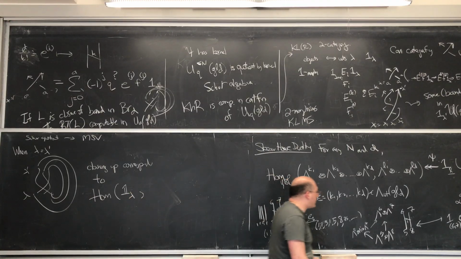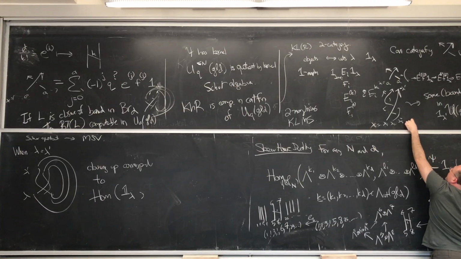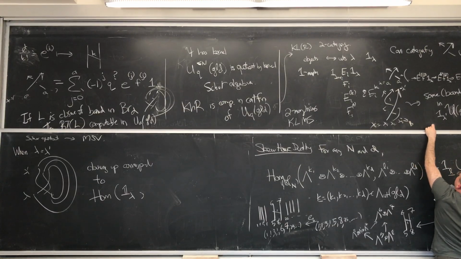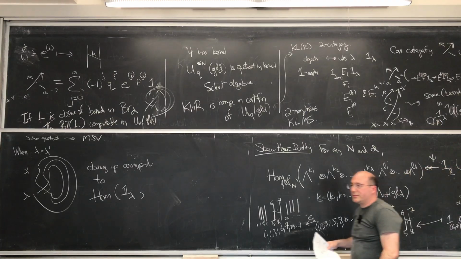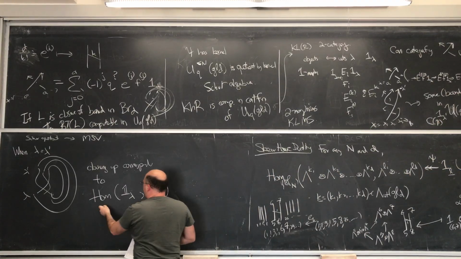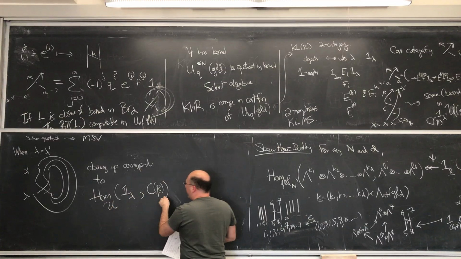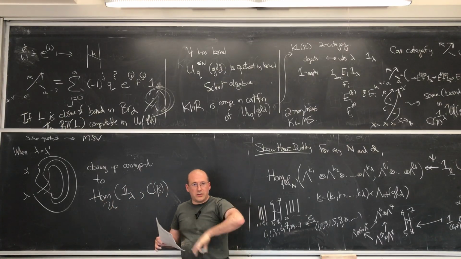I should give a name to this complex. Let me call this braid beta, and let me call this complex the complex of beta. Okay? So if you take hom in this categorification from the monoidal identity to the complex of beta, then you get this thing associated to closing up.